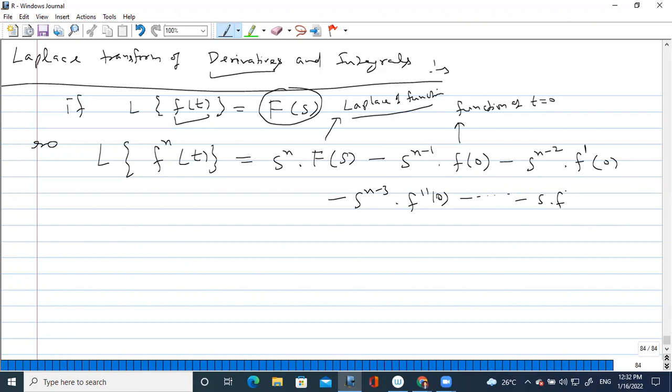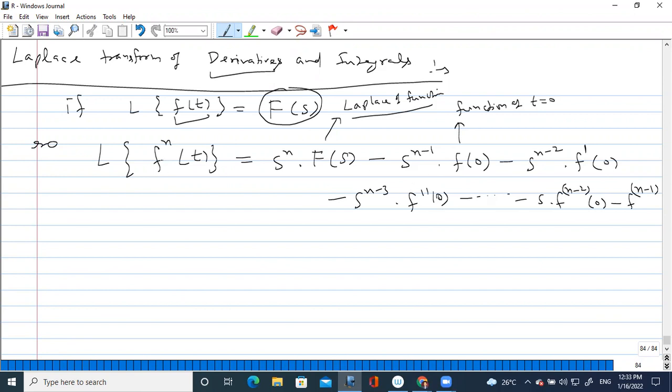So then f will be n minus 2, it is increasing, but at t equal to 0. And at the last term, this s will not be there because it is s to the power 0, but f will be n minus 1.